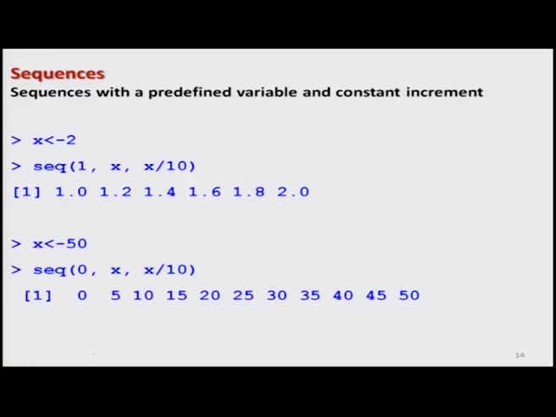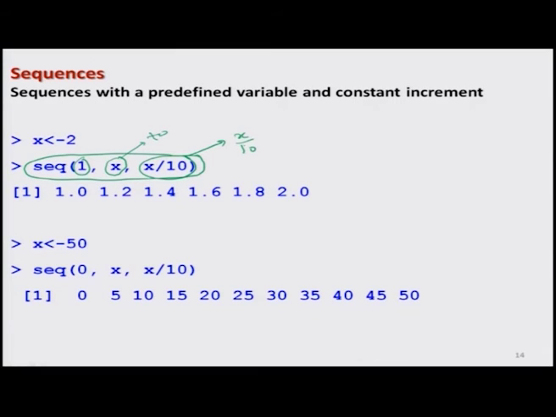For example, if there is some sequence which I want to generate that should start from 1 and go to x, and the increment is going to be x by 10.